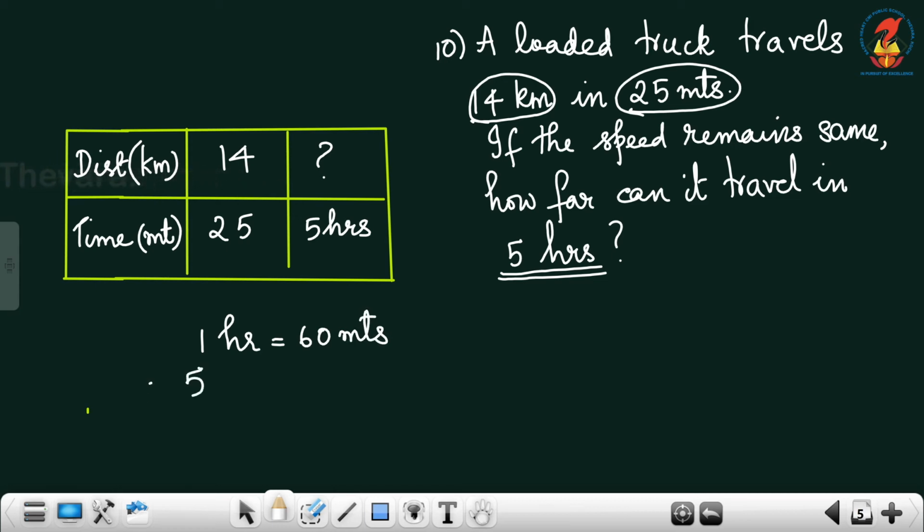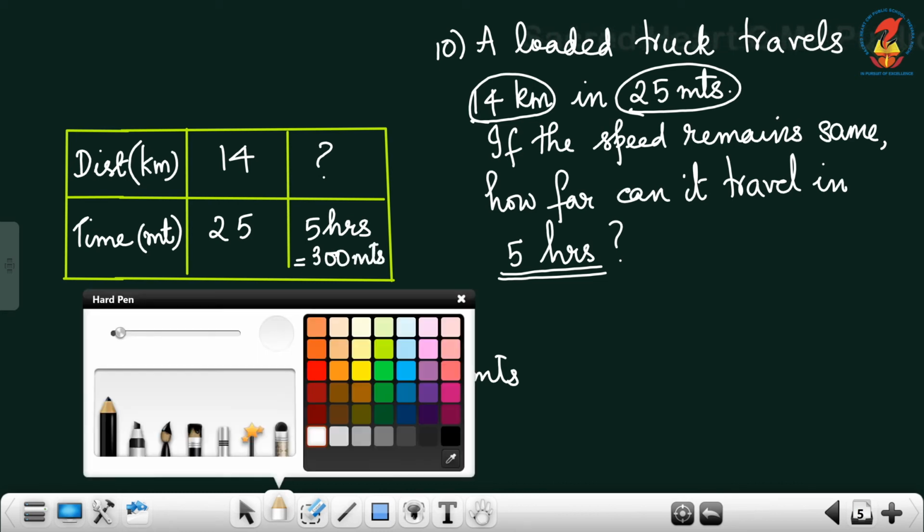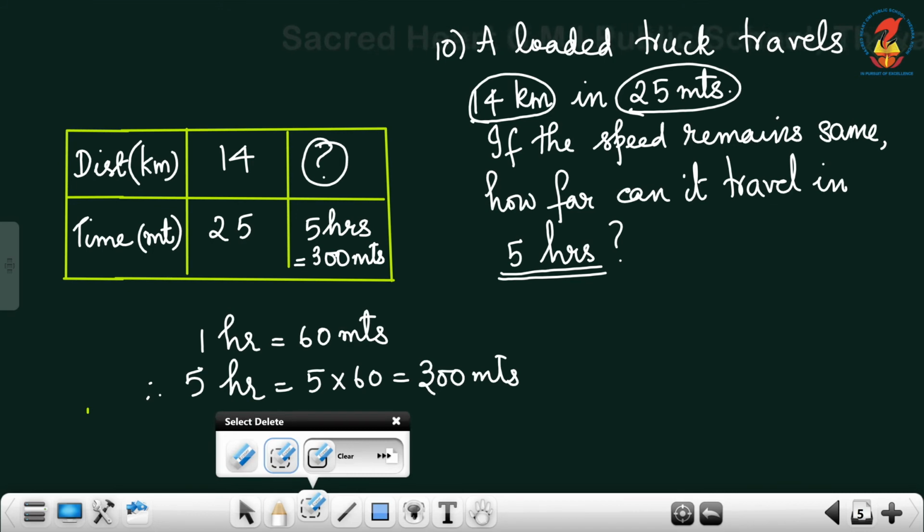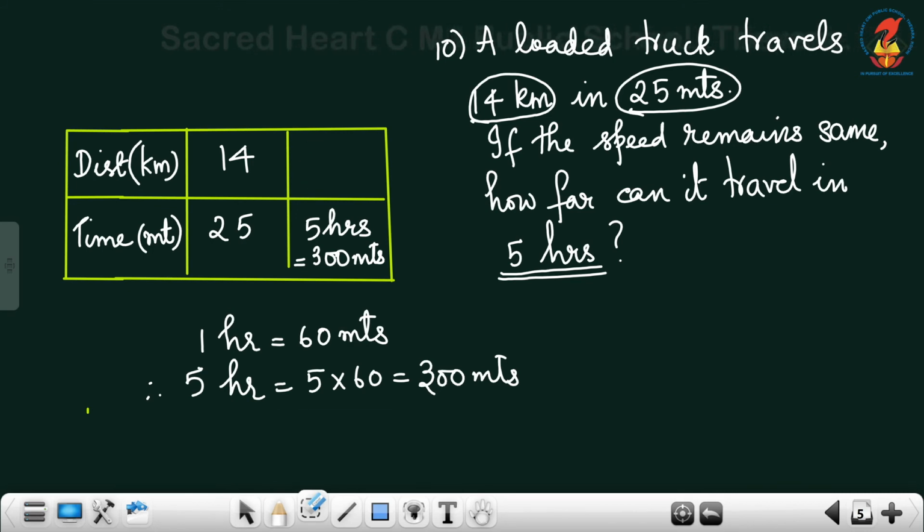So, 5 hours equals how many minutes? 5 into 60, which is equal to 300 minutes. So, hours can be converted to minutes. We want to find the distance travelled, the unknown number. This is what we have to find. So, let the distance travelled in 5 hours equal x.